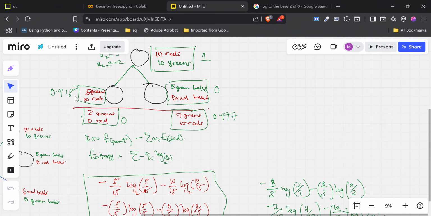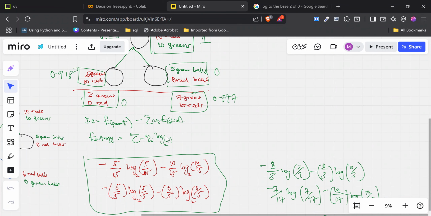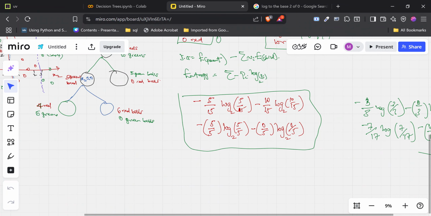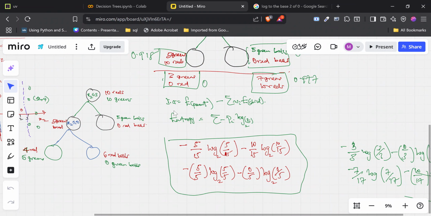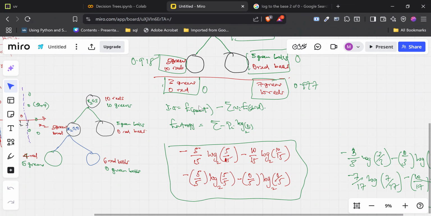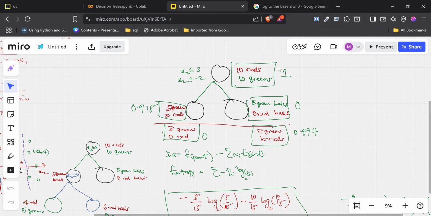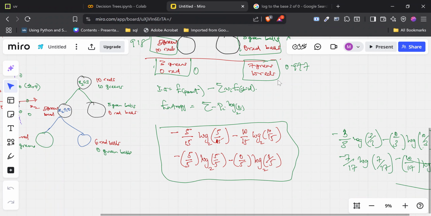So the next thing we want to do is assess which of the splits is better. Is it this one or the second one? What we have to do is plug that into this particular formula here. So the entropy of the parent is 1, since they both have the same parent.